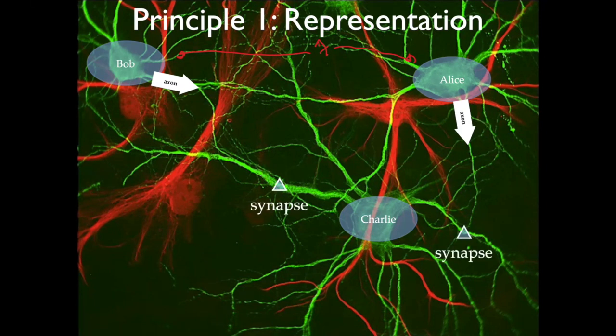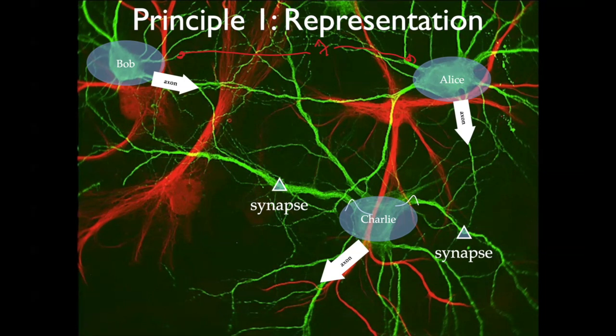The neurotransmitter flows across the synaptic cleft and causes a current in the dendrites of Charlie, and those currents then flow into Charlie, and that's basically what Charlie as a cell sees coming from Alice and Bob. And then, of course, the process continues, and Charlie will put out some pattern of spikes to communicate to whoever is downstream from Charlie.